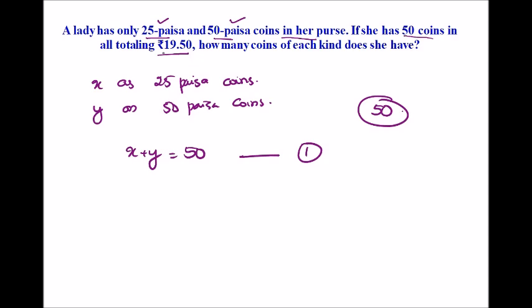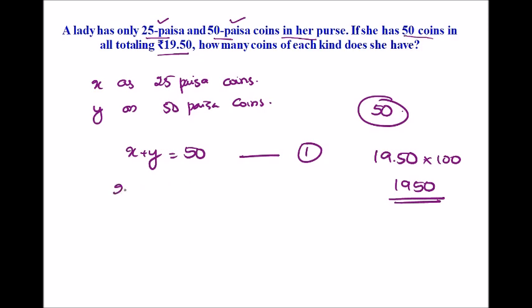Now, totaling the entire coins, she has rupees 19.50. Then I will multiply it with 100. That is 1950.